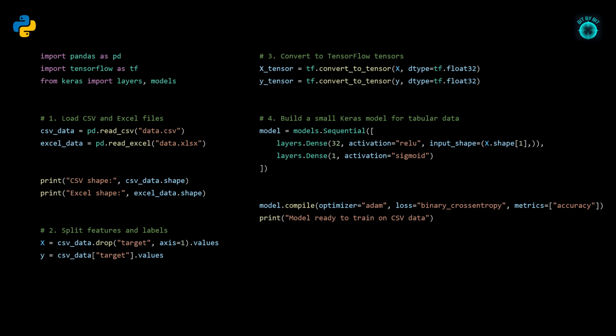It has one hidden layer with ReLU activation and an output layer with sigmoid activation. We compile it with the Adam optimizer and binary cross-entropy loss, which are ideal for binary classification tasks. At this point, the model is fully ready to train on your own CSV or Excel data. This workflow mirrors what you'll do in real data science or machine learning jobs. Read, clean, convert, and train.